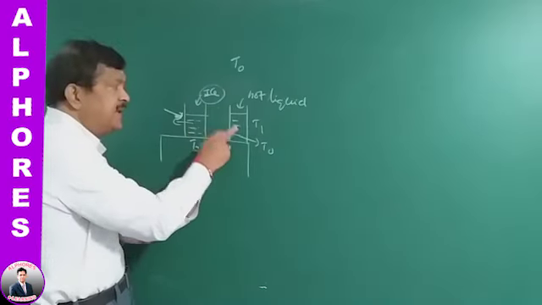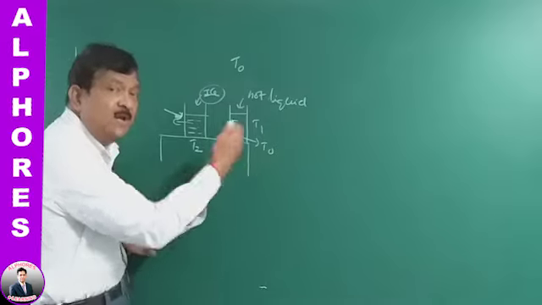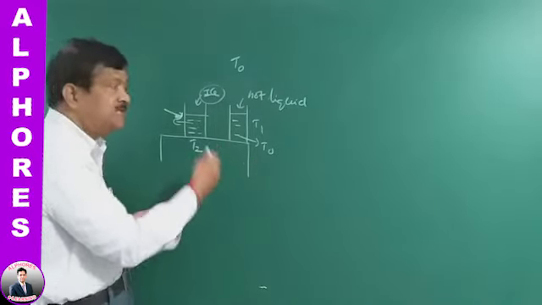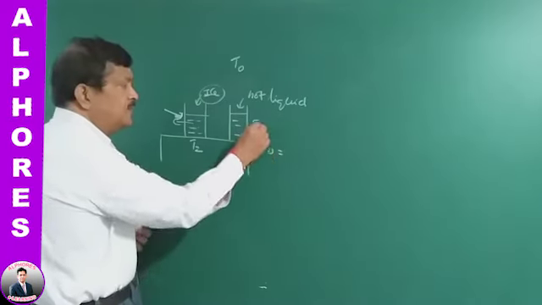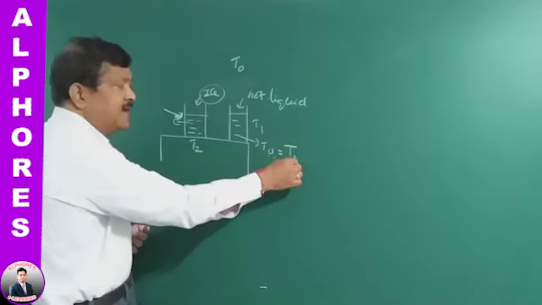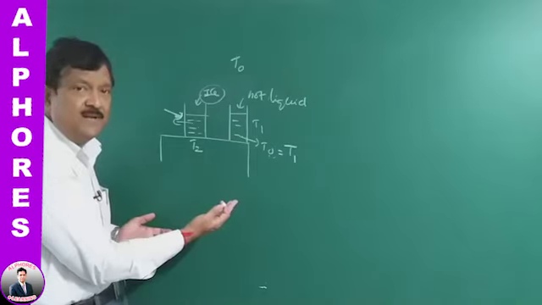Previously the hot liquid present here is losing heat energy to the surroundings, to the room, and the surrounding air particles take away energy. But once the temperature of this body becomes equal to the room temperature, initially T1, now come down to T0, there is no transfer of energy.